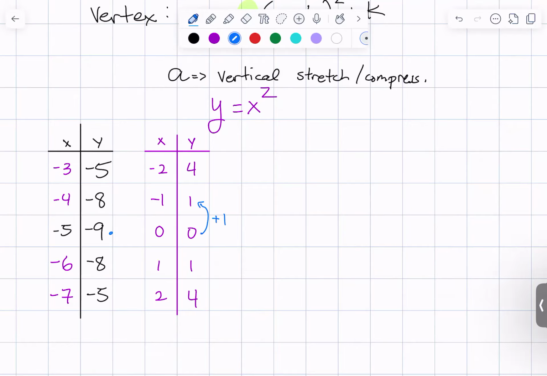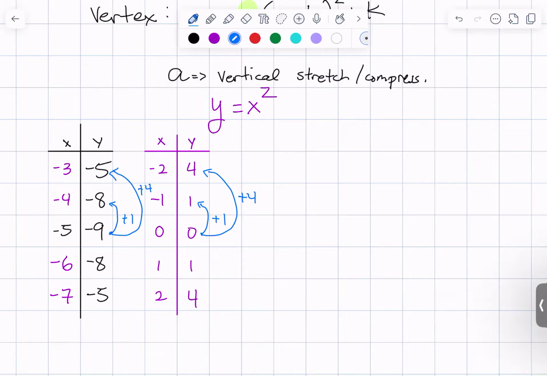So from -9, +1, that should have the same relationship. And it does. -9 goes to -8. From 0 to 4, it's a +4, so this should have the same relationship.